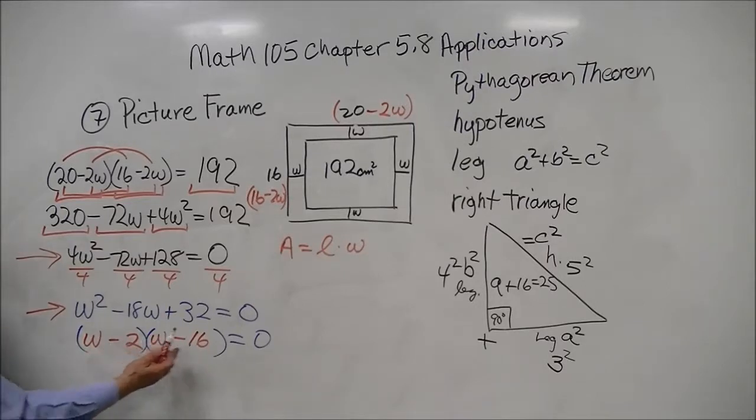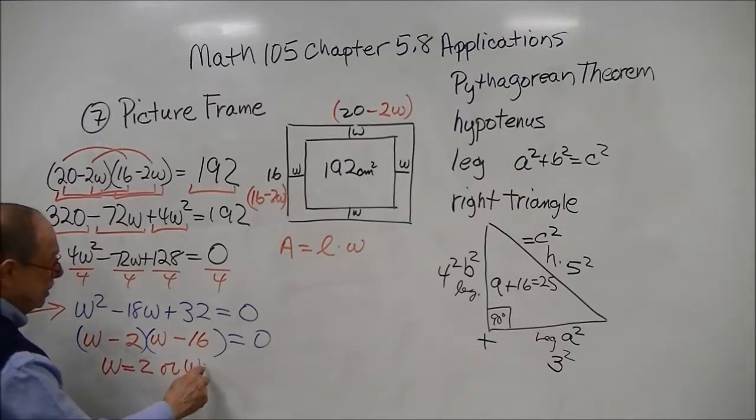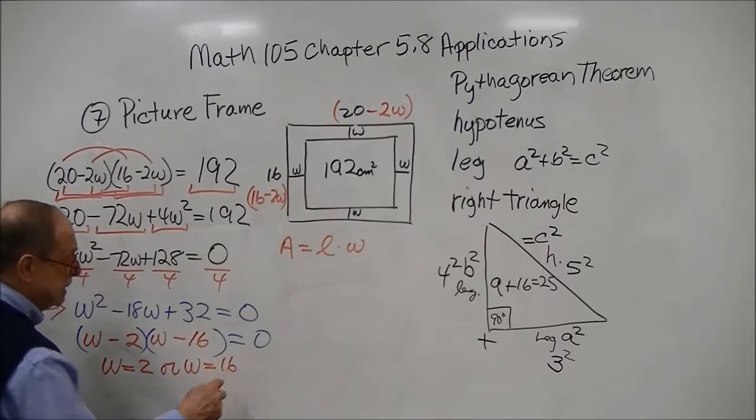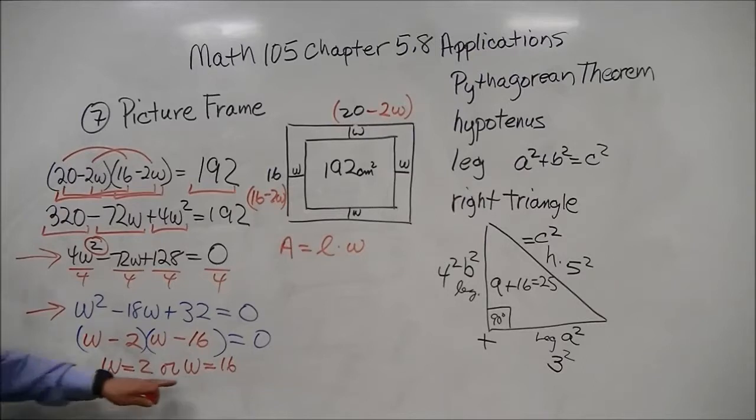Put in my correct signs, and I have w equals 2 or w equals 16. Now, whenever you do a word problem, and this is to the second degree, we're going to get two answers. But we have to then look at the answers and say, does it make sense?